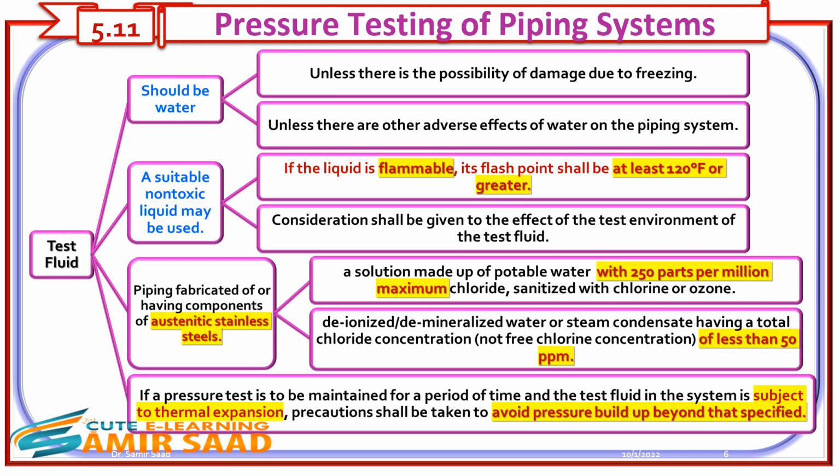If a pressure test is to be maintained for a period of time, and the test fluid in the system is subject to thermal expansion, precautions shall be taken to avoid pressure build-up beyond that specified.